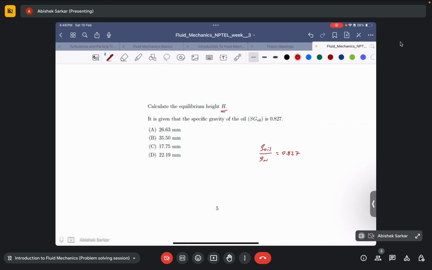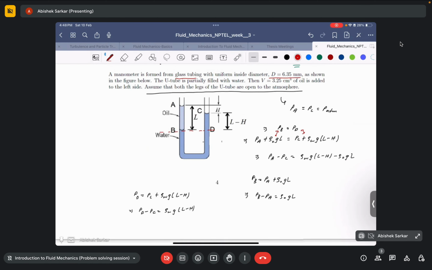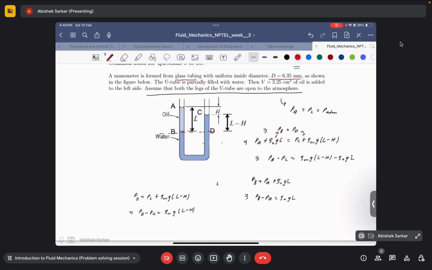Okay, sure. So let us go to the diagram here. We are asked to find this height h. To do that, let me give you a hint. You need to find the value of L. Can you find the value of L?